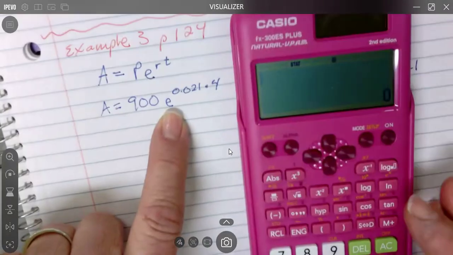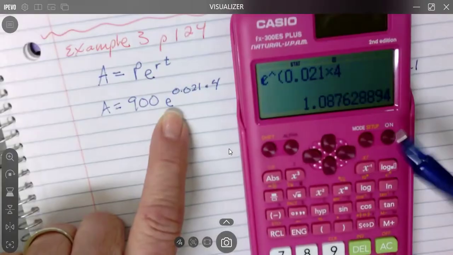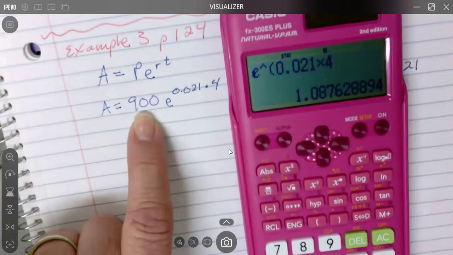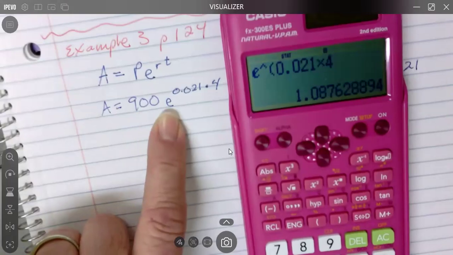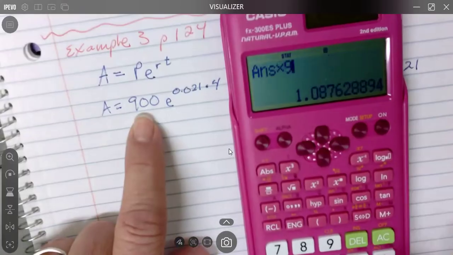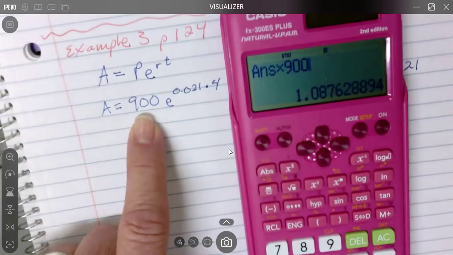You can press the shift to the E to the power button, and then go 0.021 times 4 equals, and you'll get some number that is not the answer, that doesn't make sense, right? Like, he started with $900, why does he only have $1 now? And you then have to multiply it times the 900, because the interest is compounding on the $900 that you put in. Your answer would be different if your interest was compounding on $400 or $1 or $1 million, right?